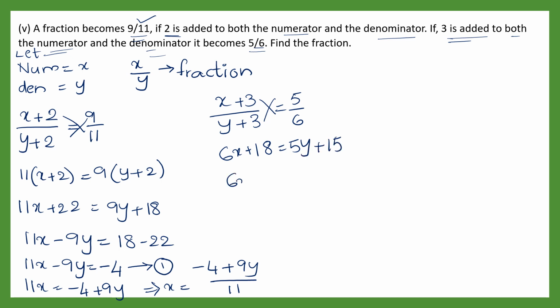So 6x minus 5y is equal to 15 minus 18, which is minus 3. This is the second equation.